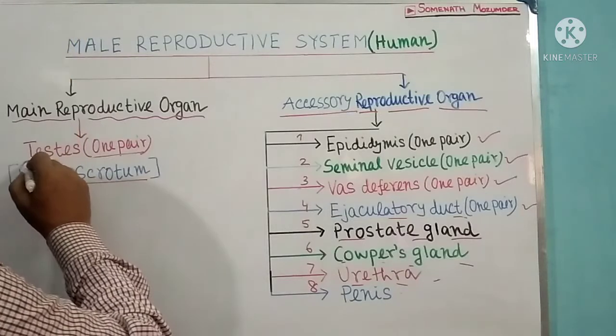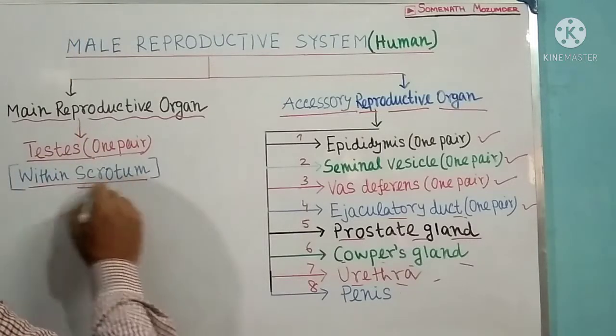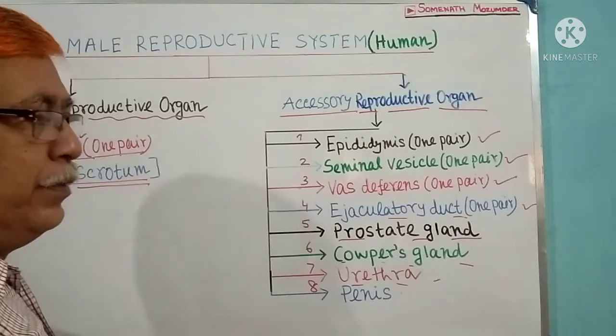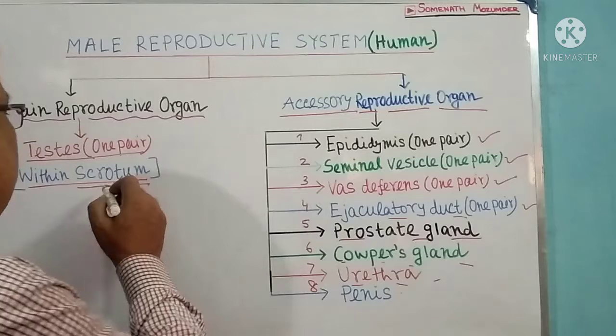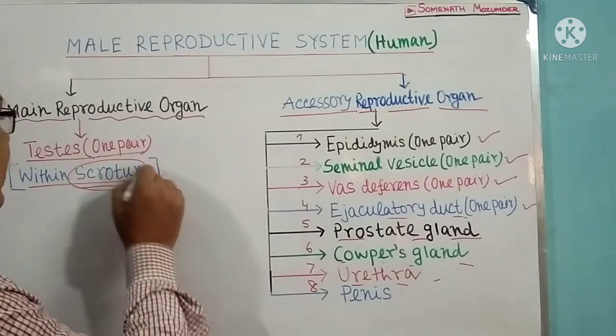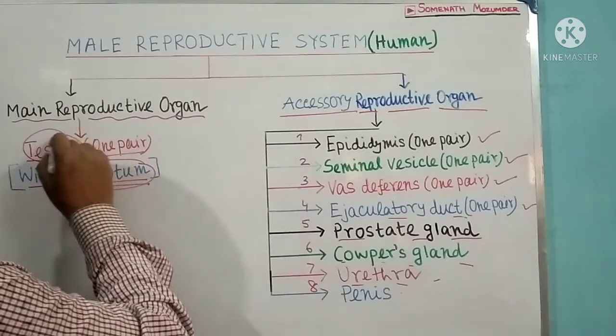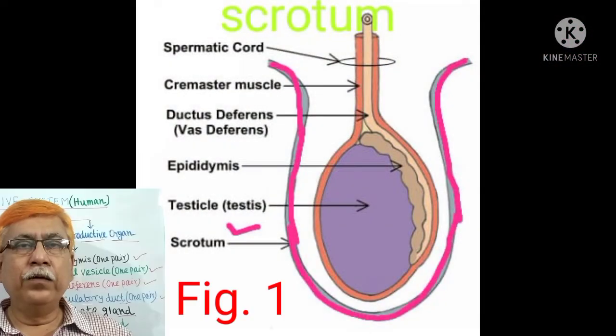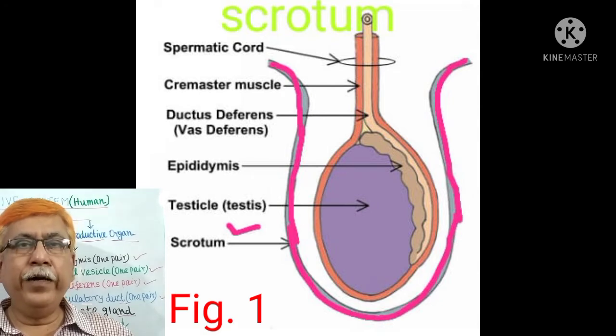Now, testes and scrotum. We have to understand the relationship between scrotum and testes. See, the main or primary male reproductive organ of human being is a pair of testes.